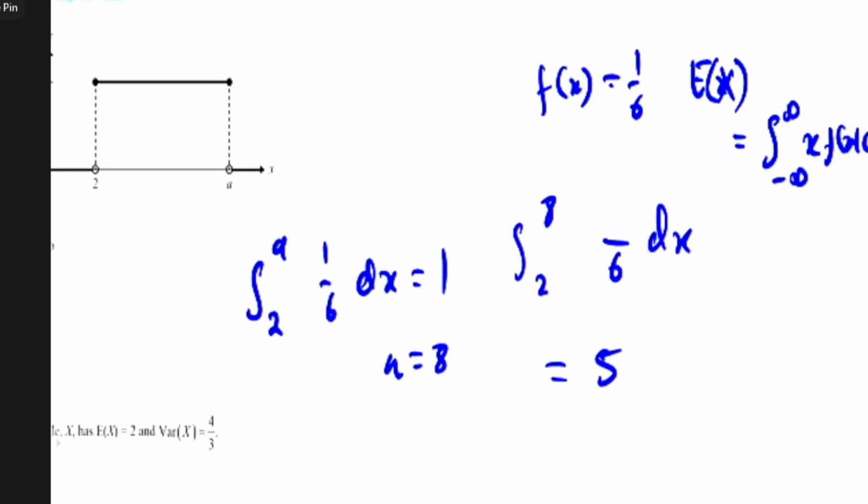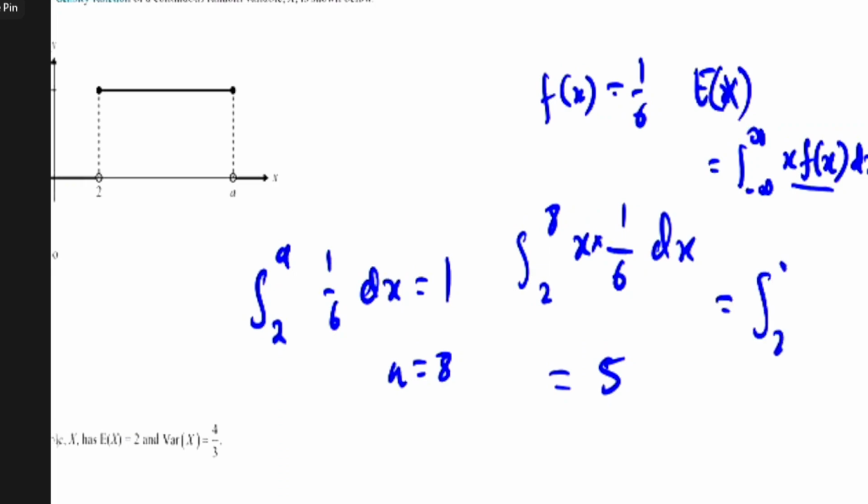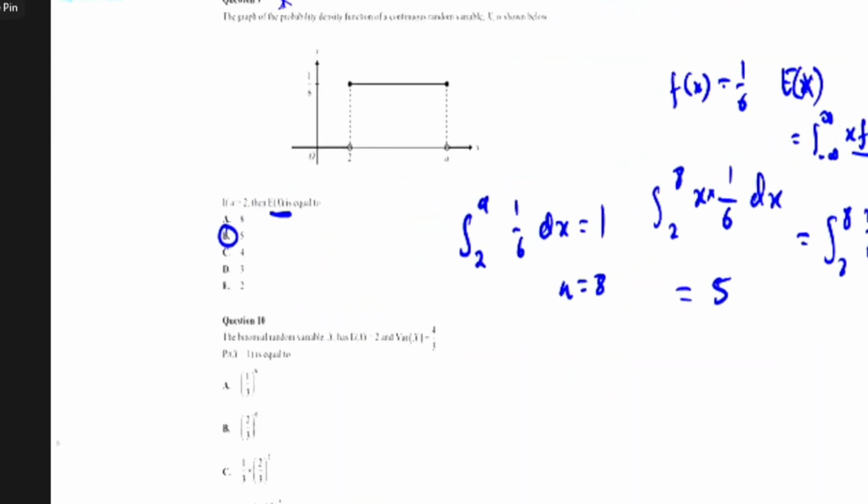I don't know if you can read that, my bad. So what I did was just times x times 1 on 6. So that's the same as x divided by 6. And when you integrate this function, you get 5. So the expected value is 5.